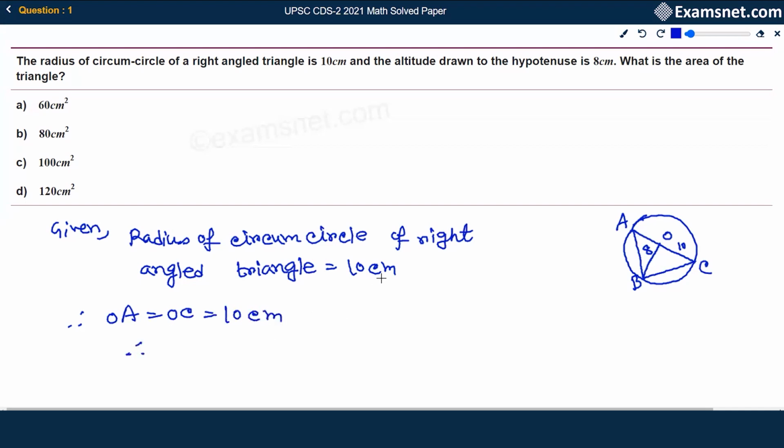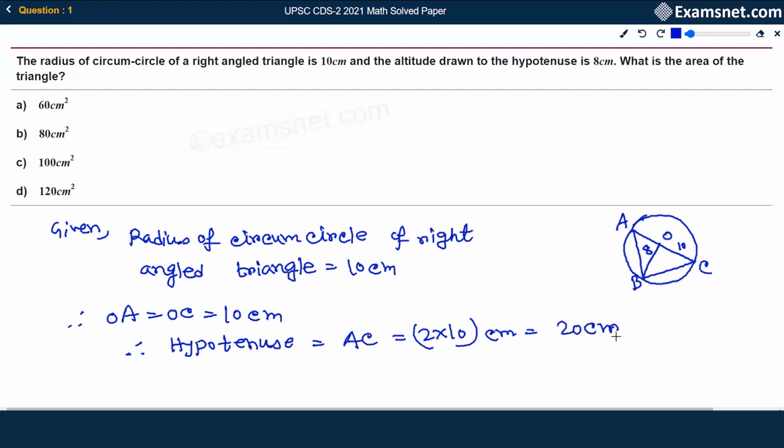So we can easily find the length of the hypotenuse, that is twice the radius: hypotenuse AC is 2 multiplied by 10 centimeter, 20 centimeter, correct?